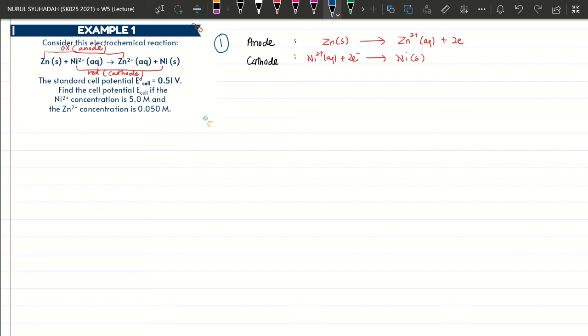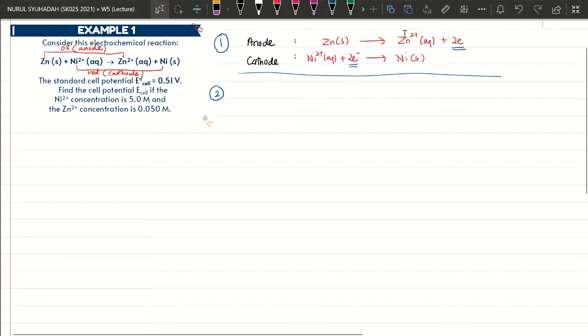Next, the second step, like I mentioned before, we need to write down the overall equation. You need to make sure that the number of electrons is the same. At the anode, 2 electrons, at the cathode also 2 electrons, so we don't have to do anything to the half equations over here. If the number of electrons is not the same, what you need to do is multiply by a number so that the number of electrons for both half equations is the same.